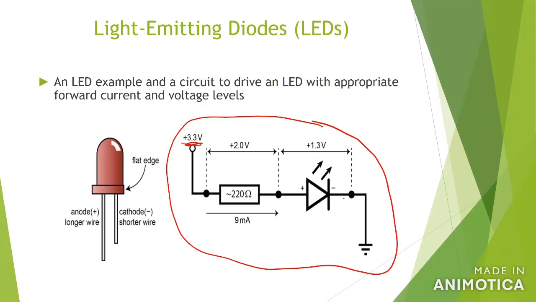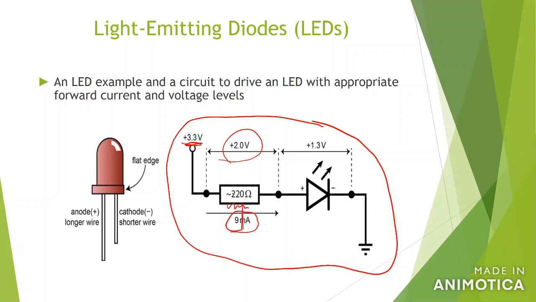And last time we showed how we can calculate the resistance of this resistor. We use Ohm's law. First of all, you have to figure out the voltage over the resistor, which is 2 volts, because you have 1.3 volts over the LED. And we know to drive a LED, you have to have 9 milliamps.